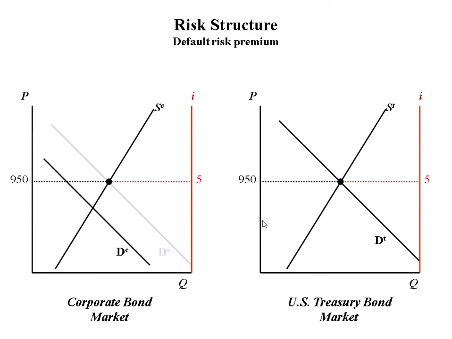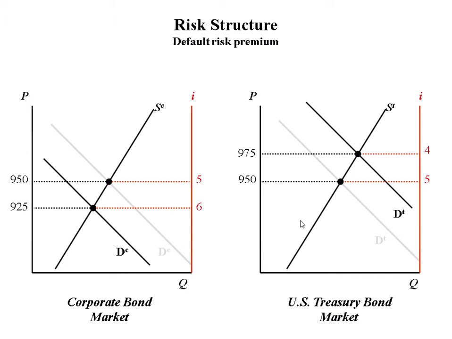Where do those investors go? Well, they go over to the Treasury market. So this number of people equals this number of people. These people don't want to hold a risky asset when they can hold a risk-free asset. So they leave this market and enter this market.